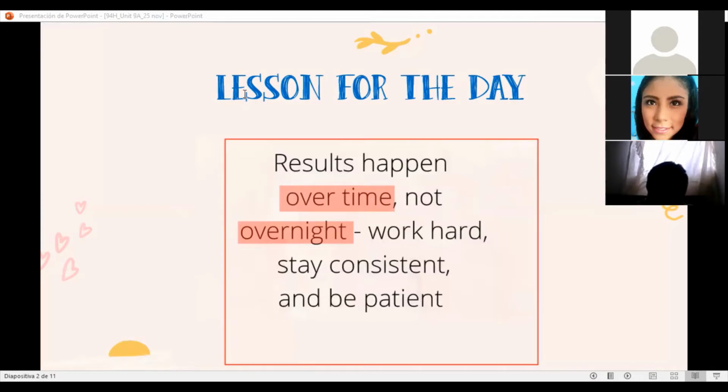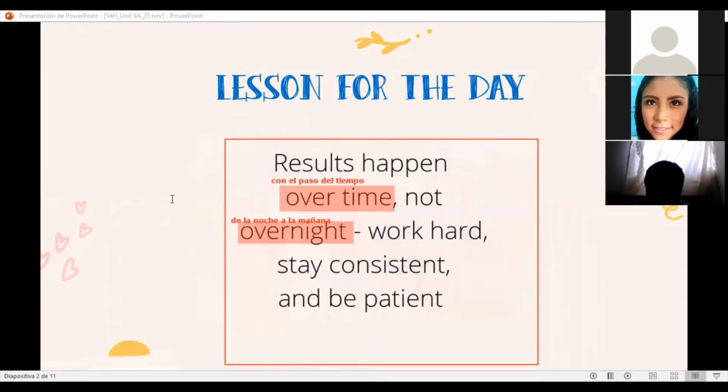Let me write it over here. Con el paso del tiempo. Y como nos decía su compañero, no de la noche a la mañana, ¿sí? El overnight would be de la noche a la mañana.